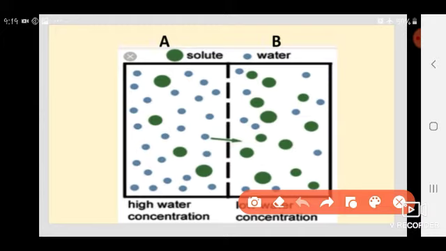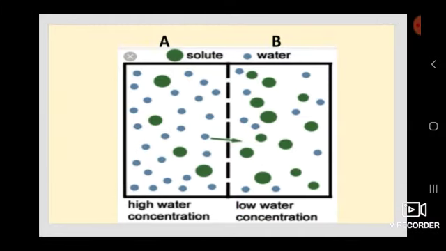In chamber B, there are fewer water molecules and more solutes. In A, the fewer solutes bind only a few water molecules, and in B, more solutes bind more water molecules.